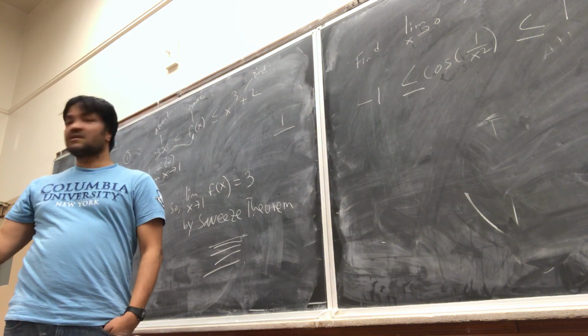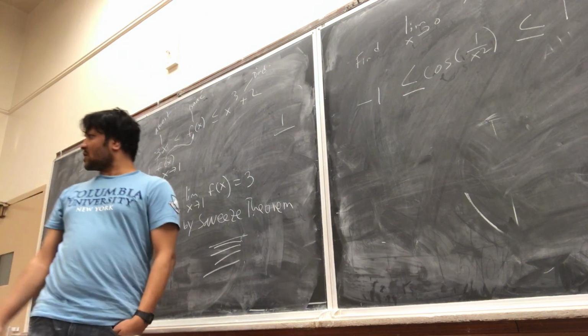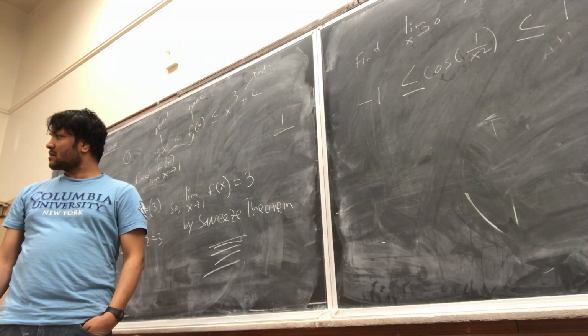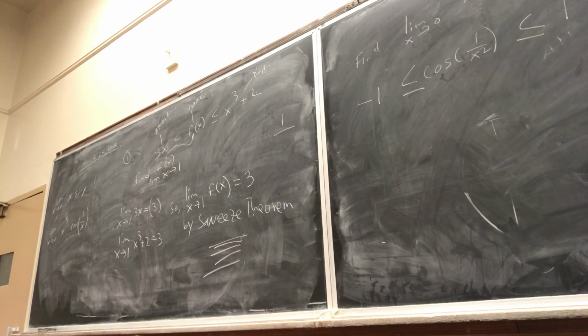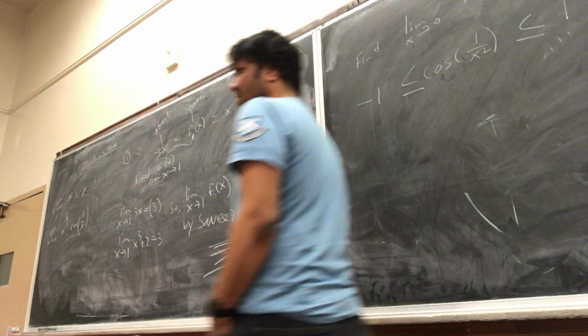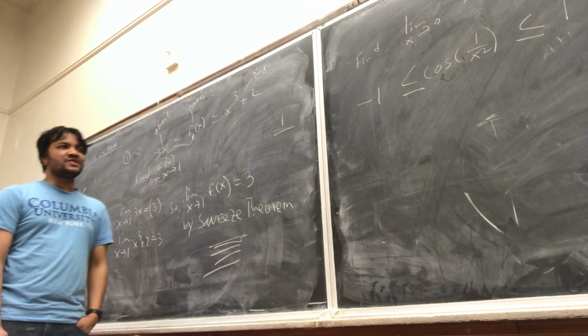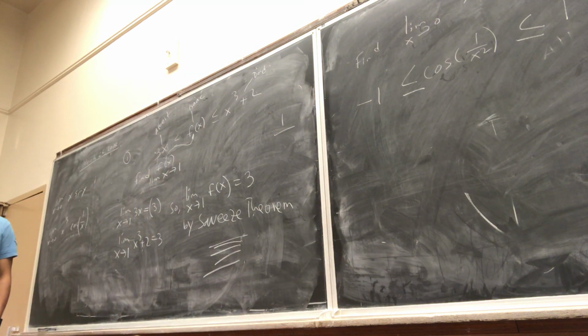He said y is from negative 1 to 1? Yeah. The trig function, this is sine. So this is 1, this is negative 1. So the amplitude is from negative 1 to 1.